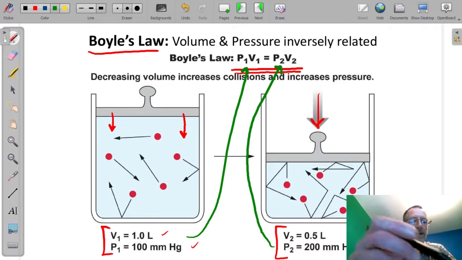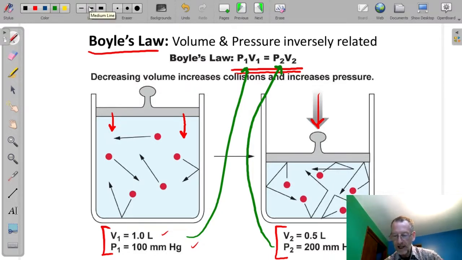Crunch the numbers, convince yourself, and you should also be able to solve for any one of those 4 terms if you are given the other 3.